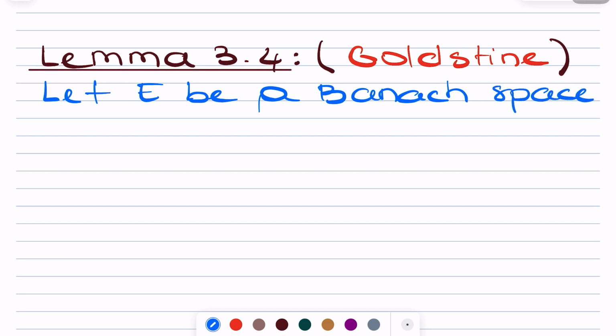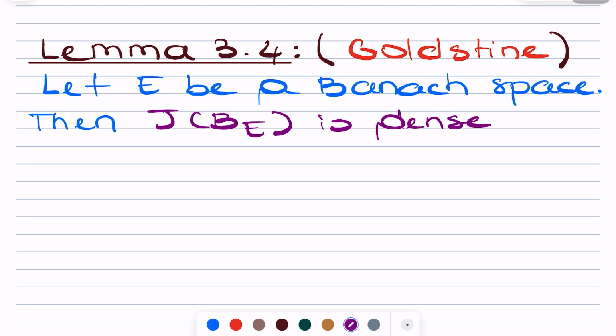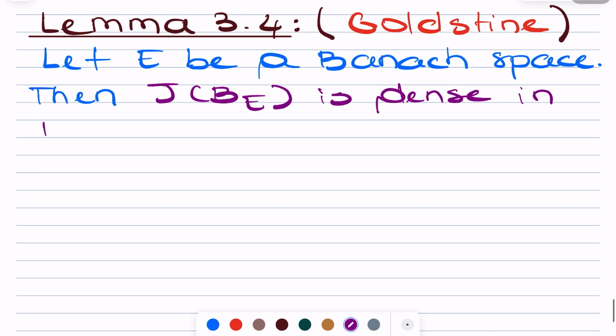Then the image of the closed unit ball via the canonical embedding is dense in the closed unit ball in the bidual. It's dense in B_{E star star}.